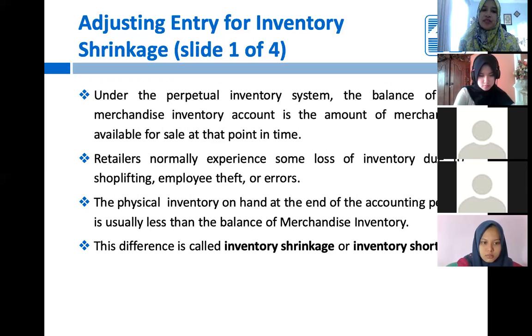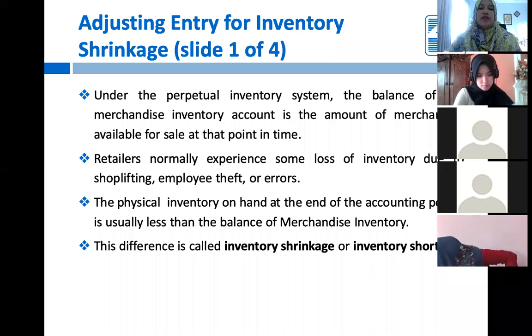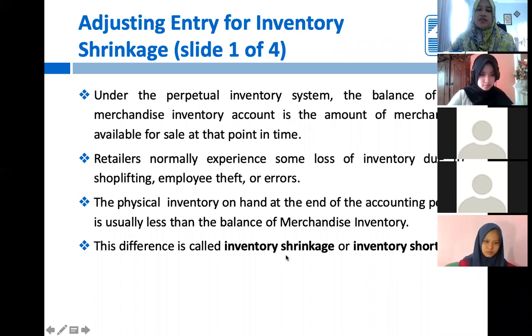And the company, despite using perpetual, would do a physical count of the merchandise for the purpose of control, audit, etc. So normally the physical inventory on hand at the end of the accounting period is less than the balance in the record. So the difference is called inventory shrinkage or inventory shortage.